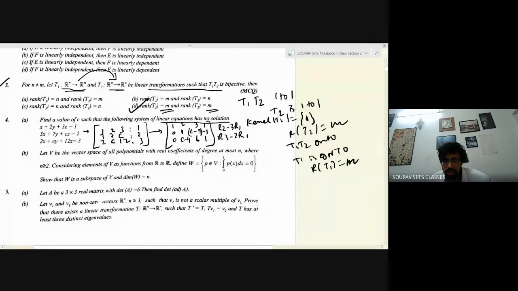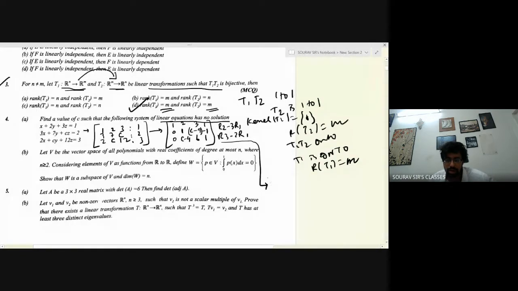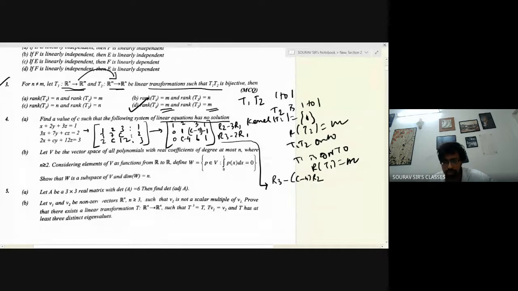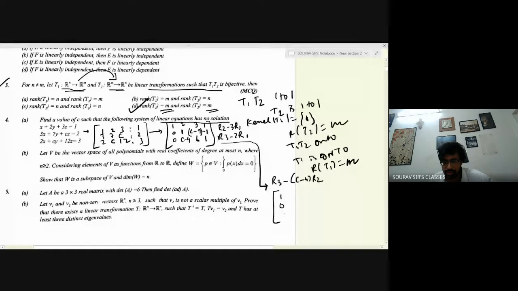Next, after this, if we apply the change, then C minus 4 is creating a problem. So let's do R3 minus C minus 4 into R2. Okay, so work with the entire thing together. So there is no change here.